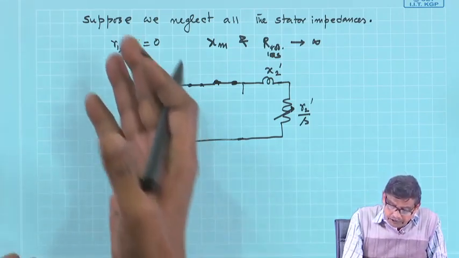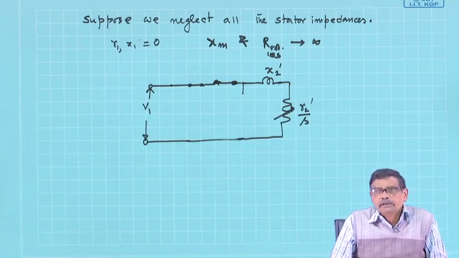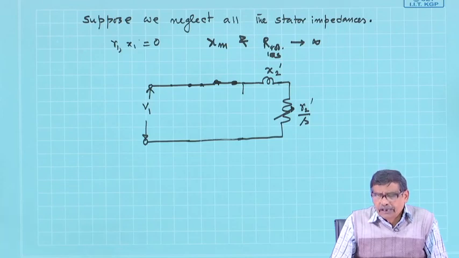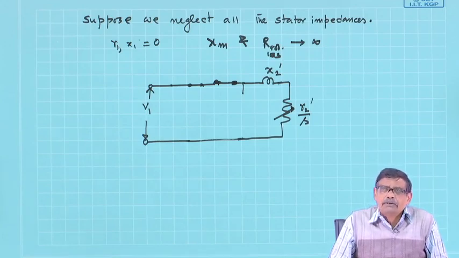Now, under this particular assumption, which people prefer sometimes to have quickly the performance idea of the induction motor. Small r1, X1 will be small, you see that they are small at the design level.